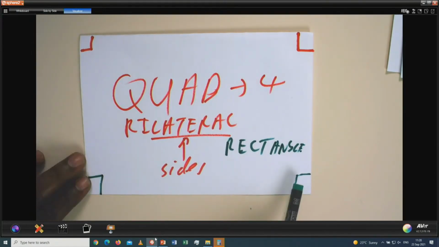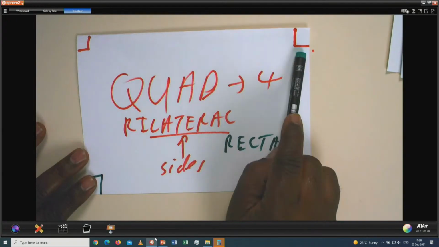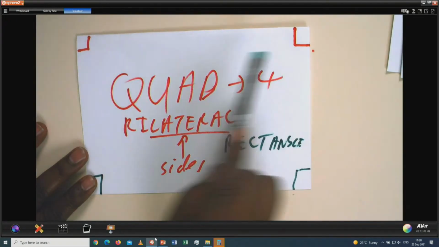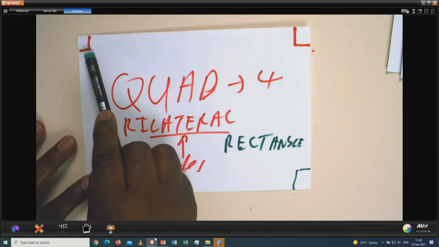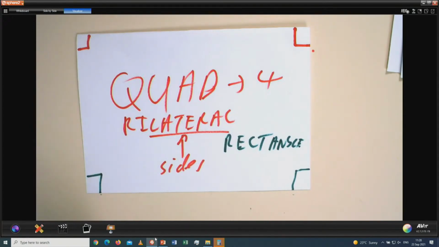So there are four 90s. 90 plus 90, 180. 180 plus 90, 270. 270 plus 90, 360. Therefore, it's a given. You see a four-sided figure, when you add all the angles, they will give you 360.